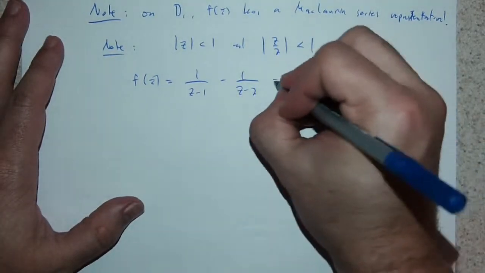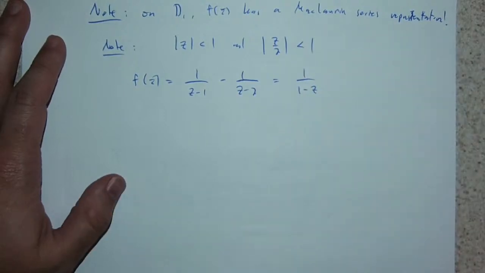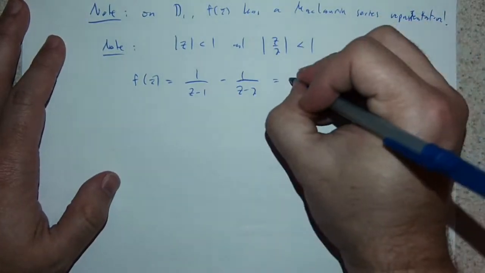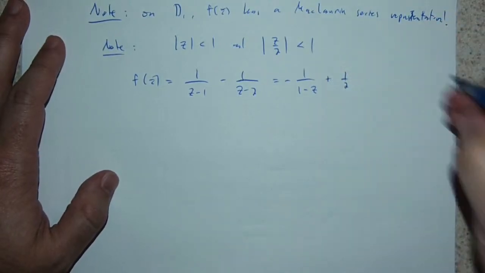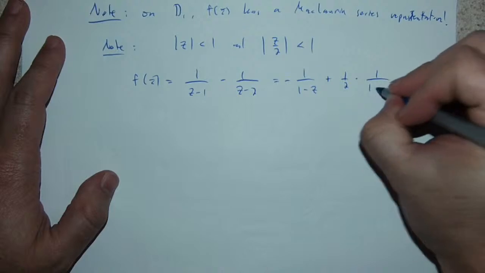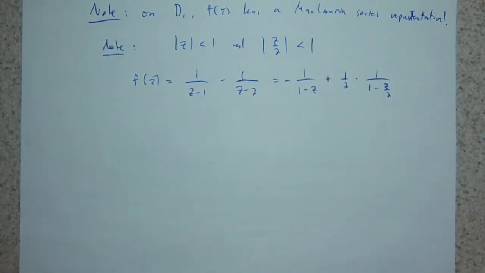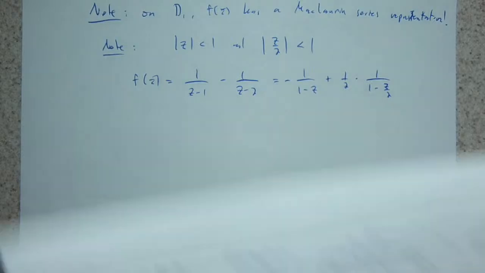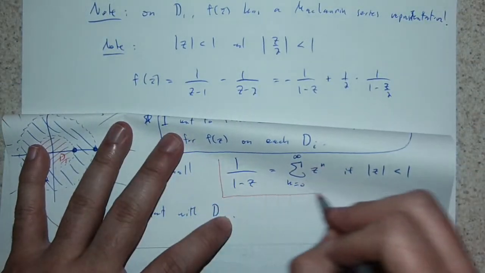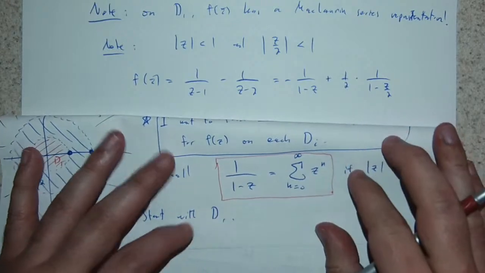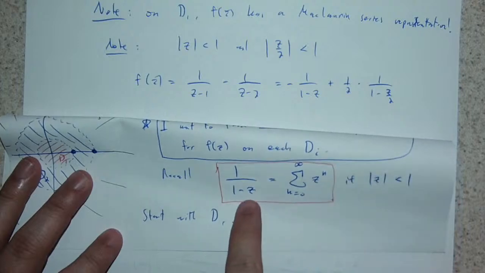So I'm going to rewrite this as minus 1 over 1 minus z, plus 1 half times 1 over 1 minus z over 2. So that I can use this, I'll box this in red. My idea here, of course, is to use this very convenient Taylor series expansion, or Maclaurin series expansion, for the geometric series, and I'm going to substitute the z that I'm putting in here.